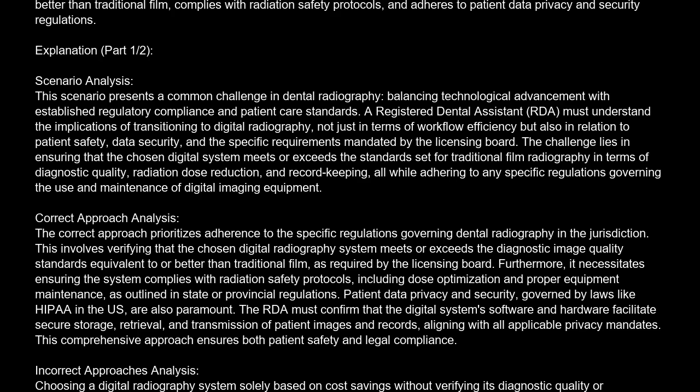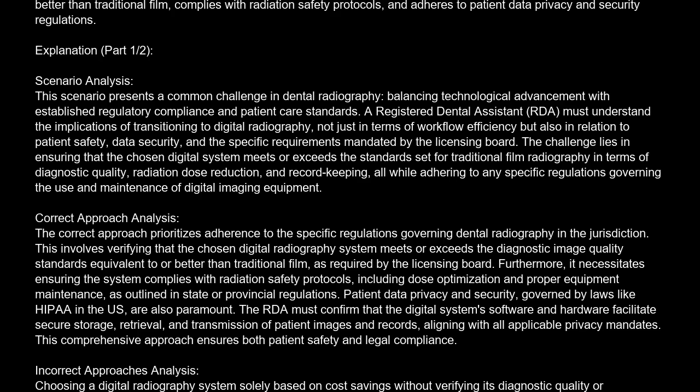Correct approach analysis. The correct approach prioritizes adherence to the specific regulations governing dental radiography in the jurisdiction. This involves verifying that the chosen digital radiography system meets or exceeds the diagnostic image quality standards equivalent to or better than traditional film, as required by the licensing board. Furthermore, it necessitates ensuring the system complies with radiation safety protocols, including dose optimization and proper equipment maintenance, as outlined in state or provincial regulations.